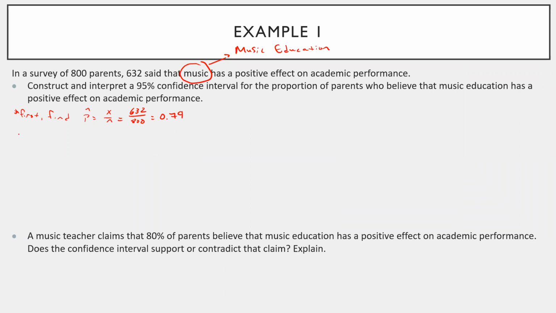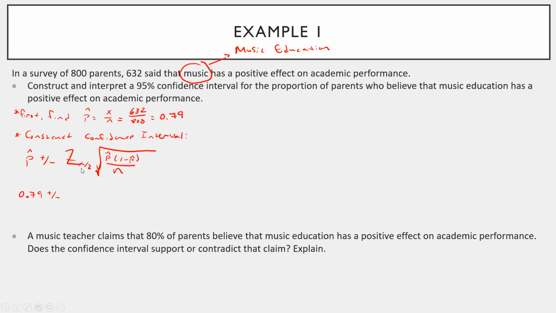Okay. So now to construct the confidence interval, you're going to use this formula. It's p hat, add and subtract the critical value times the square root of p hat times 1 minus p hat over n. So you're just going to take p hat, which is 0.79, and you're going to add and subtract z of alpha divided by 2.